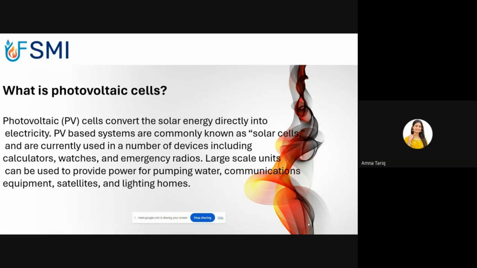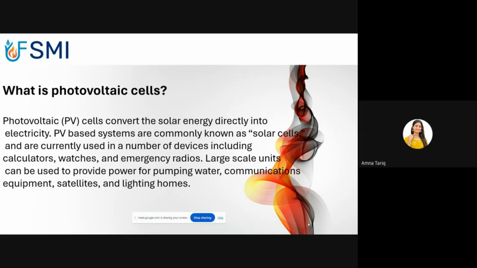PV applications may be divided into the following categories: simple stand-alone PV systems, PV systems with battery storage, PV with a backup power generator, PV connected to the local utility grid, and hybrid power systems.